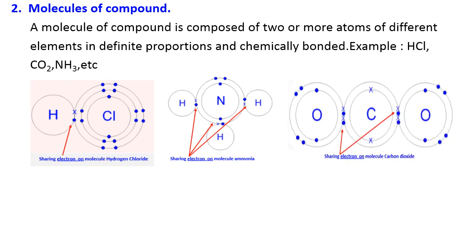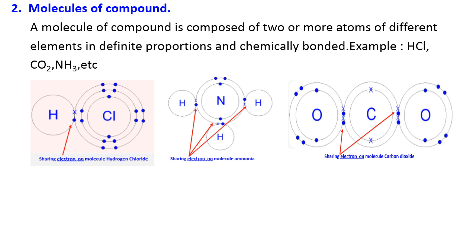And the last figure is carbon dioxide, as we can see, shown by the red arrows. At the left side, there are four electrons sharing between atom O and atom C at the second shell.